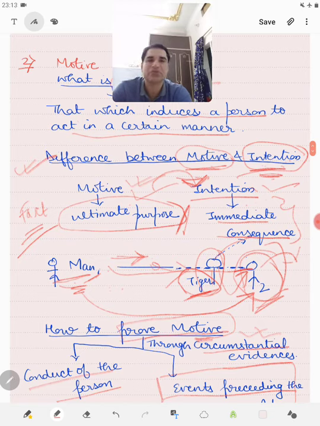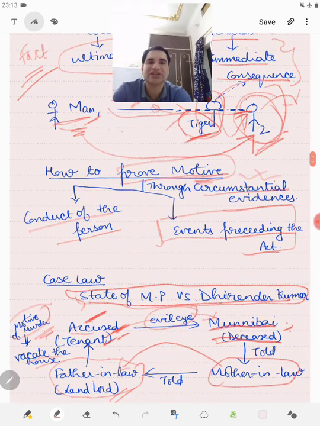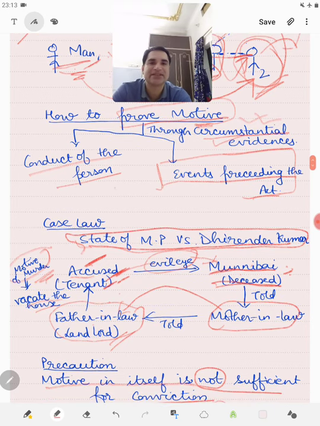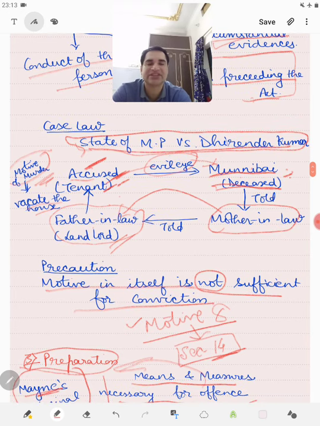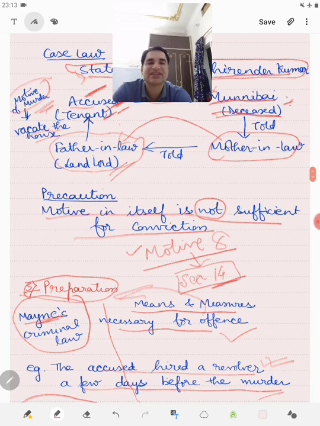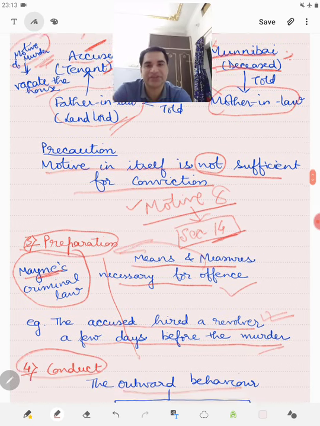The difference between motive and intention is that motive is the ultimate purpose while intention is the immediate consequence. Motive is proved through circumstantial evidence, by the conduct of the person or events preceding the act, and we saw the case law of State of MP versus Dhirendra Kumar. But motive in itself is not sufficient for conviction.